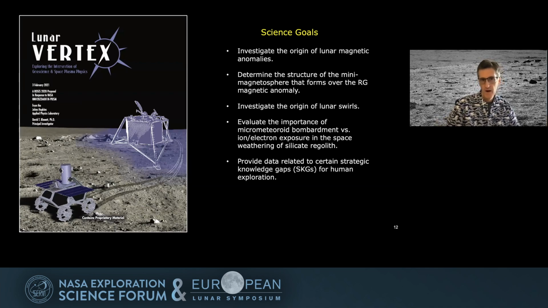One of which is, again, evaluating the relative importance of the two perceived chief agents of space weathering. And we can also provide some data related to certain strategic knowledge gaps, SKGs, for human exploration.